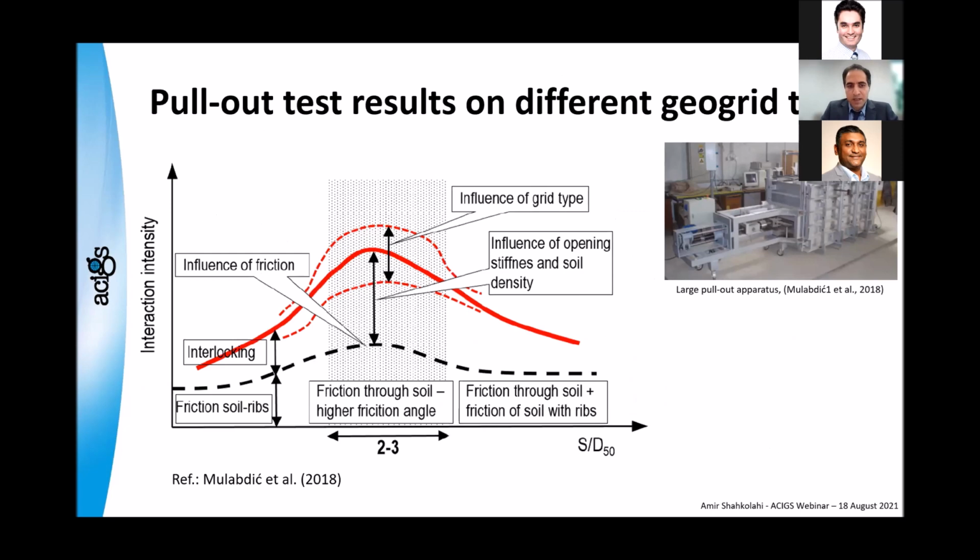As you can see, this graph shows that the interaction intensity depends on the friction, which is the black soil, then interlocking, then the influence of geogrid type, divided by D50, which is the ratio between opening and gravel size. So this graph shows nicely that all these parameters are involved in the soil-geogrid interaction.